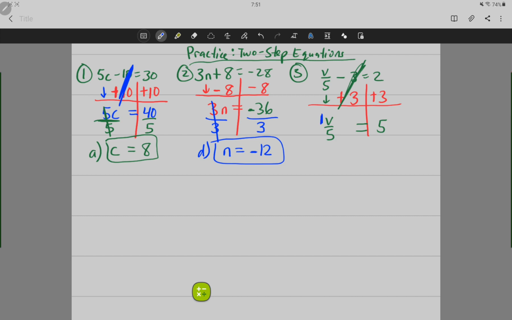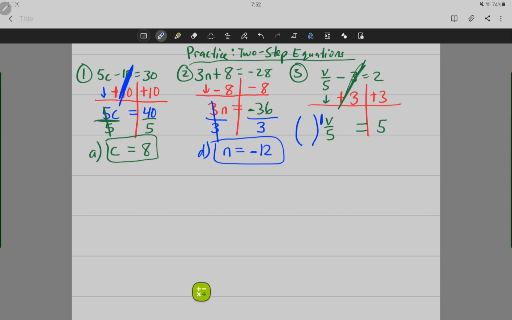It's an invisible 1. That's its coefficient. So it's really 1 over 5. And if we don't like dealing with fractions, we can eliminate it by multiplying, since a fraction is division. So we're going to use inverse operation, multiply by the reciprocal.